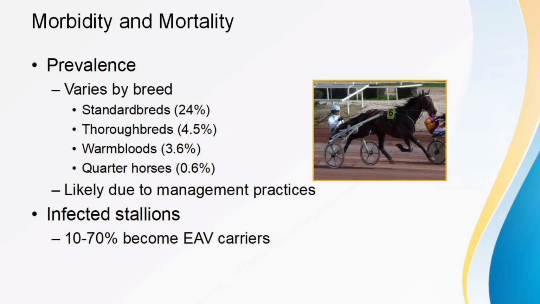In a survey done in 1998, 24% of unvaccinated standardbreds, 4.5% of thoroughbreds, 0.6% of quarter horses, and 3.6% of warmblooded horses had antibodies to this virus. Overall, approximately 10 to 70% of the infected stallions become carriers of this virus.